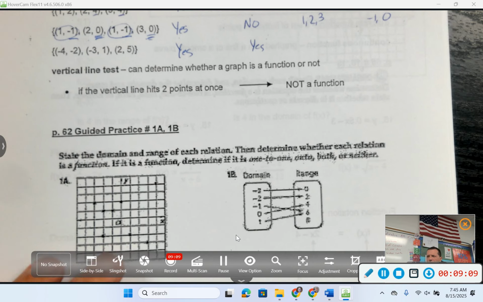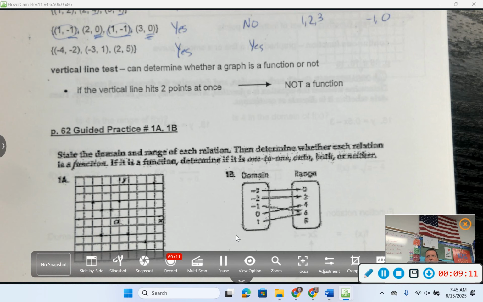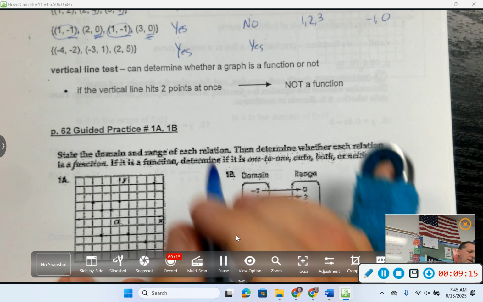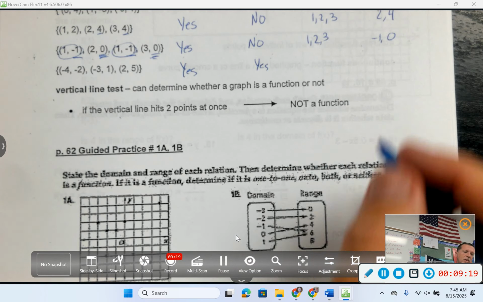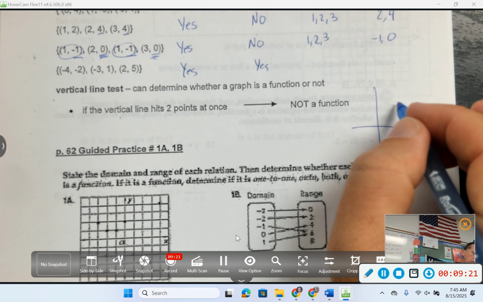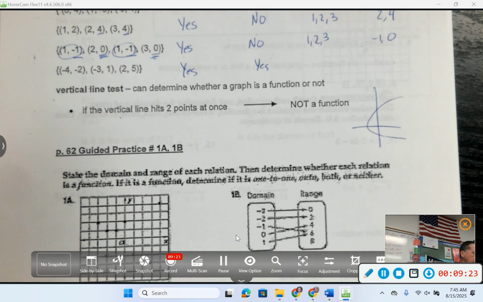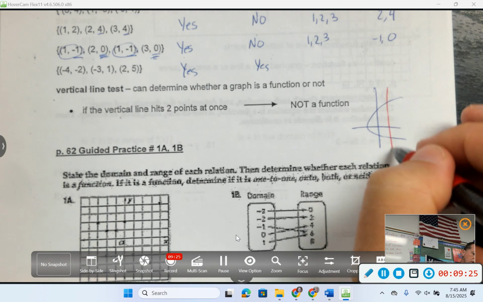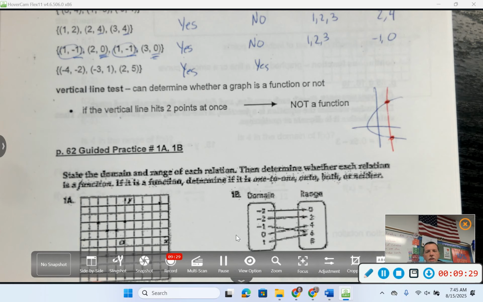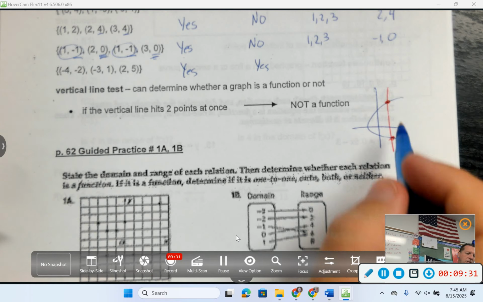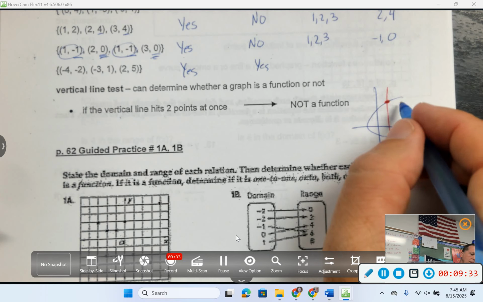Vertical line test. You familiar with the vertical line test? Yes. Okay, that's the one where you put a vertical line or vertical pencil, and if your vertical line hits 2 points at once, then it's not a function. Because if it hits 2 things at once, that means there's one input button.